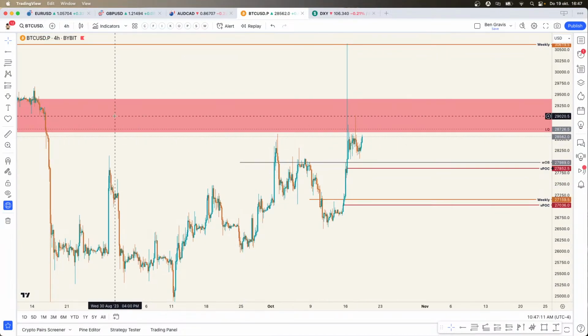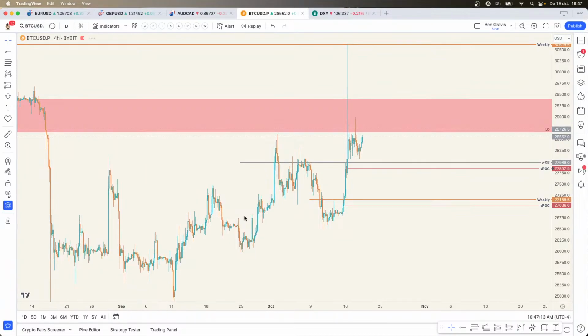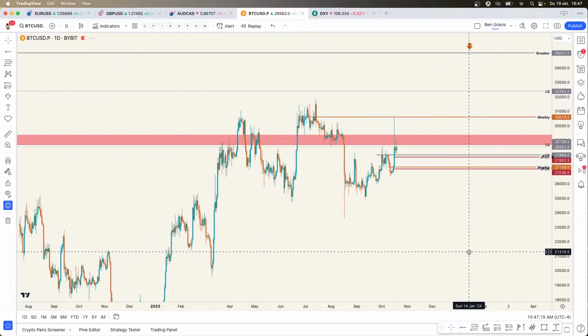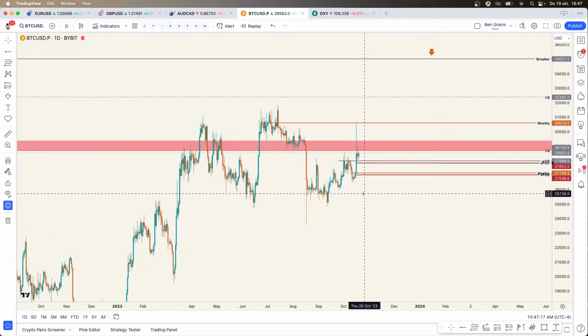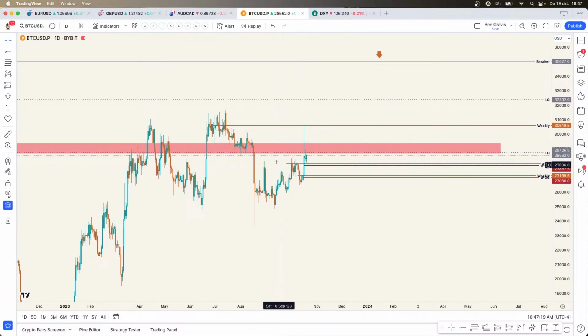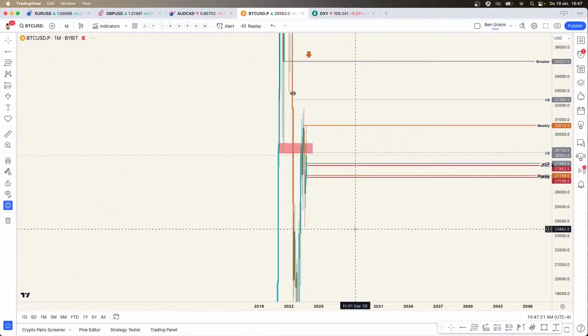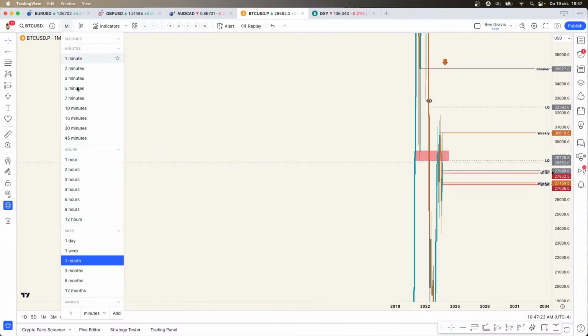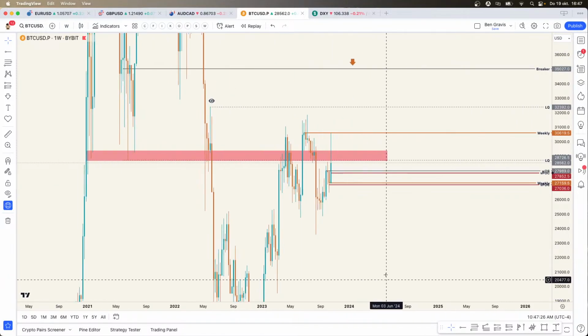Kind of want to buy in here. I do not see any trade right now.